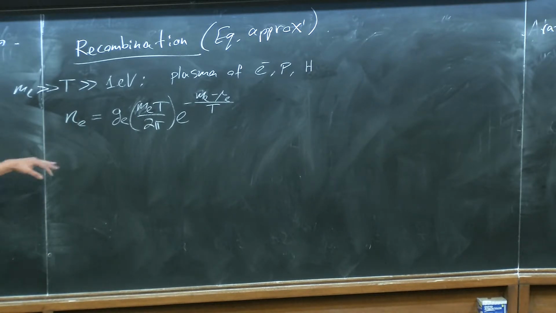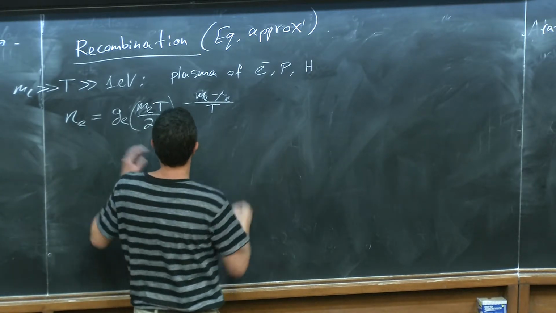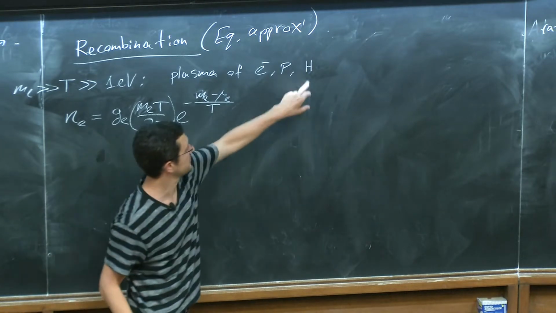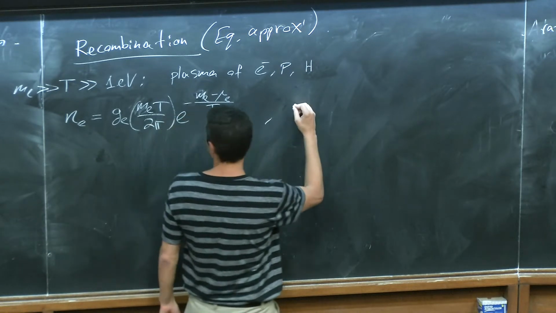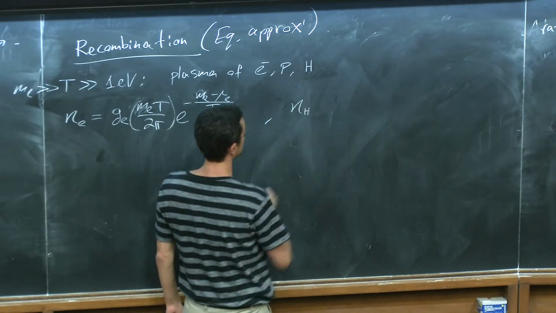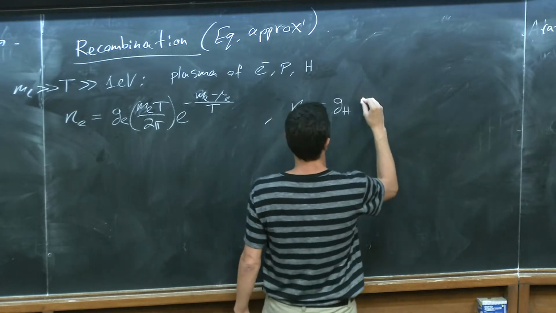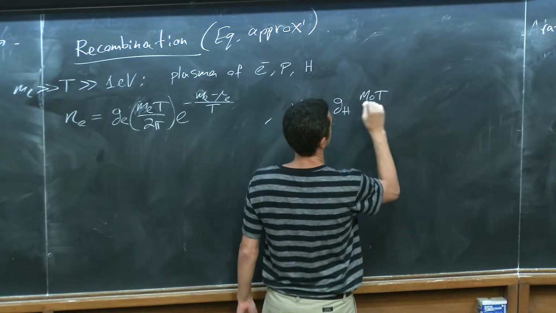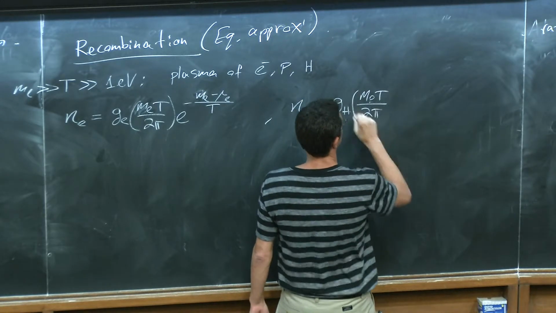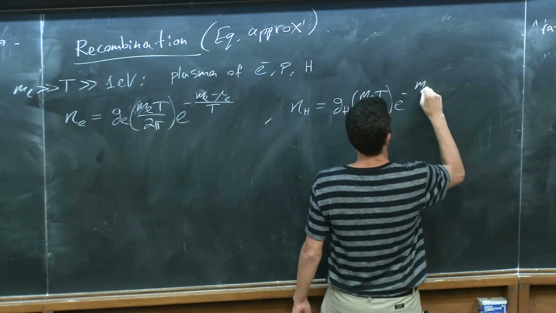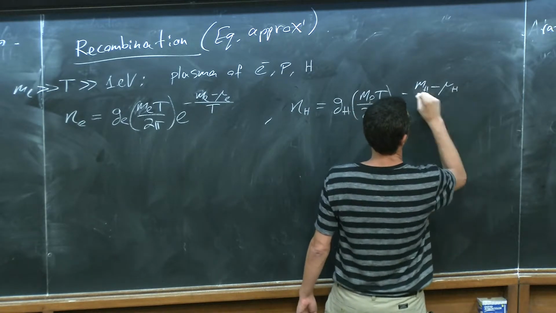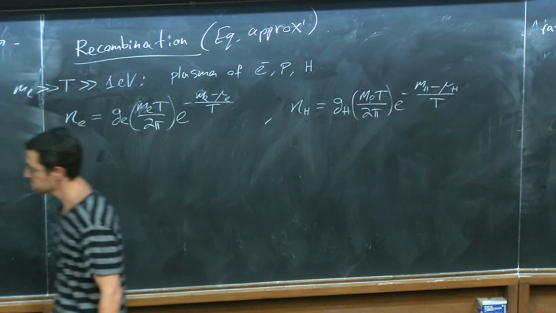And I can write the same expression for the protons, and I can write the same expression for, for instance, the hydrogen. So there is some trace hydrogen. You'll see how small in a second. So this is g_hydrogen times (m_P T over 2 pi)^(3/2) e to the minus (m_hydrogen minus mu_hydrogen) over T, okay?